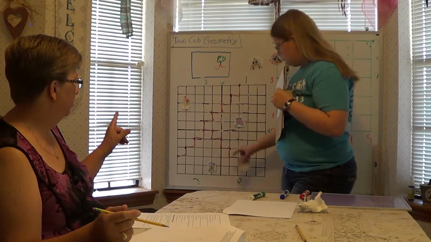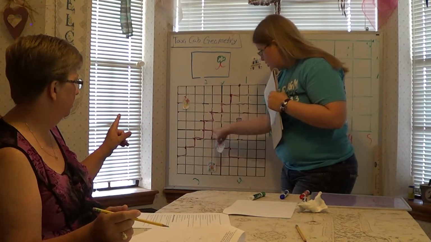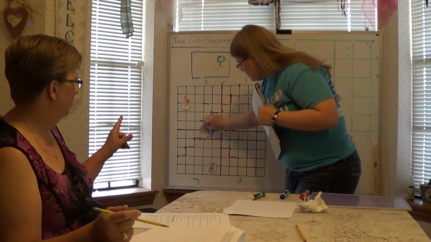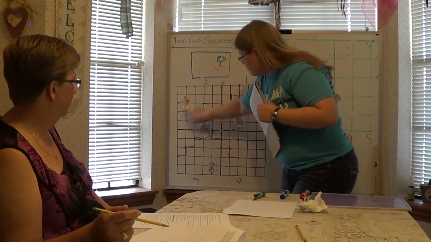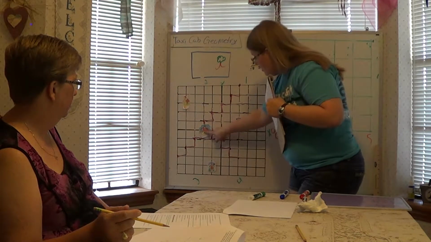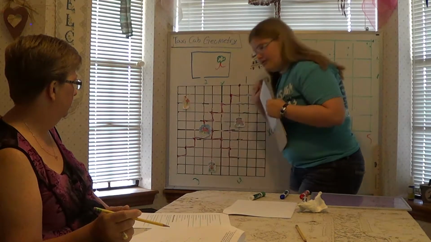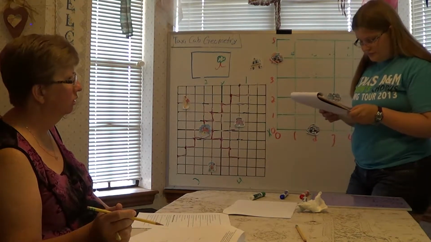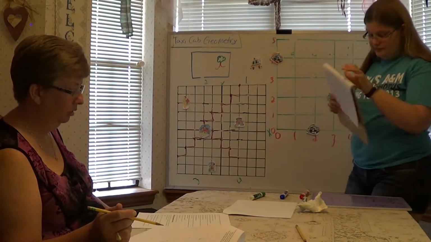Move it over to negative 2, 0. So let's put it there. 1, 2, 3, 4, 5. 1, 2, 3, 4, 5. Looking good. 1, 2, 3, 4, 5. Good job.